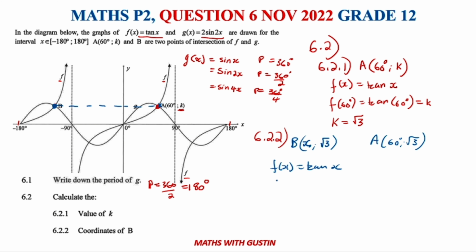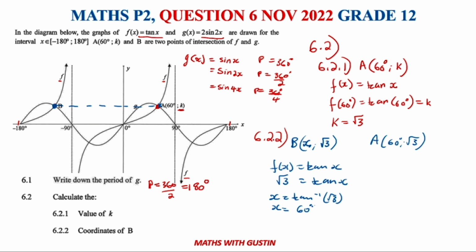Okay, we know the y value is square root of 3 in this case. Therefore we are going to look for x. So x is going to be equal to tan inverse of square root of 3, which gives us 60.